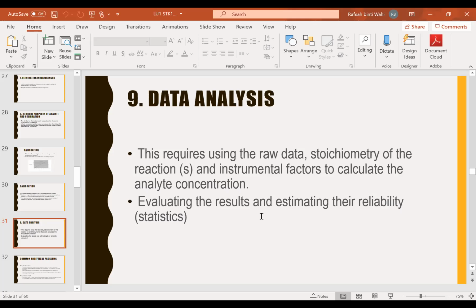But the most important part is for you to understand that in all quantitative analysis, there should be the 9 steps, okay, in order for us to get reliable data and accurate results.